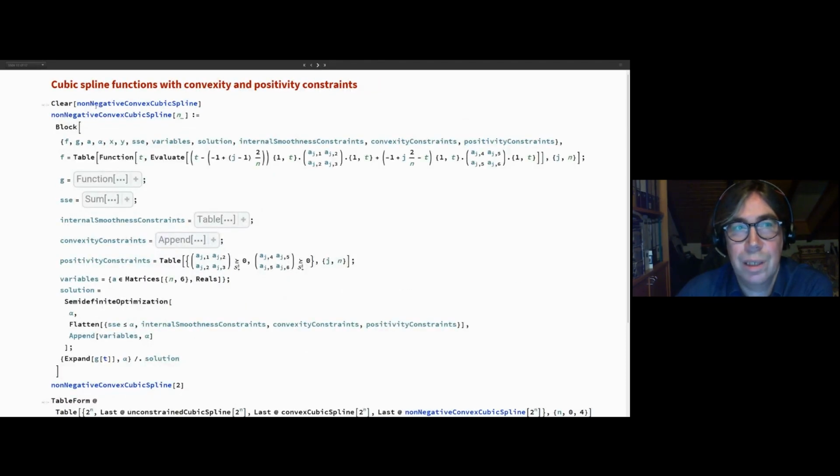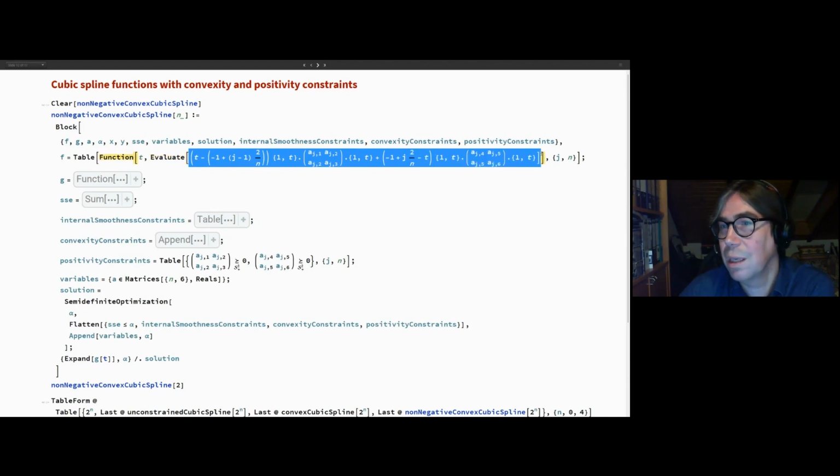So the corresponding function for non-negative convex cubic splines would contain the internal smoothness constraints. We also want to keep things convex. But then we write out every subpolynomial in the way we saw in the theorem. Actually, we just changed the model polynomials. We shifted the interval, so to speak.